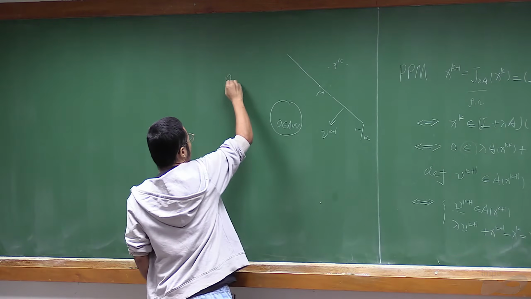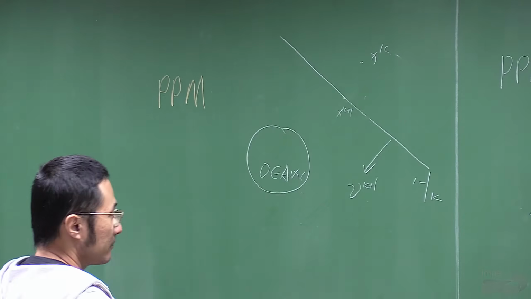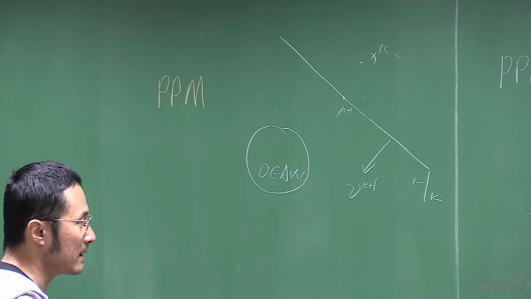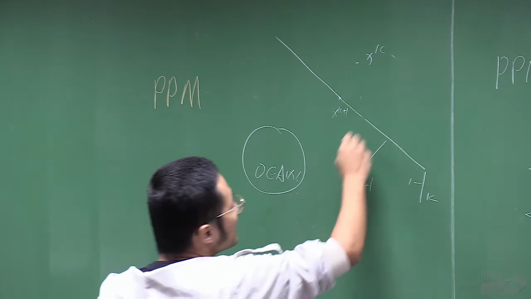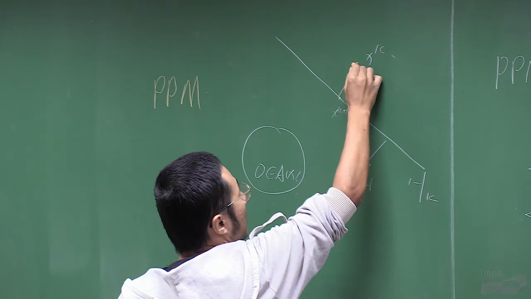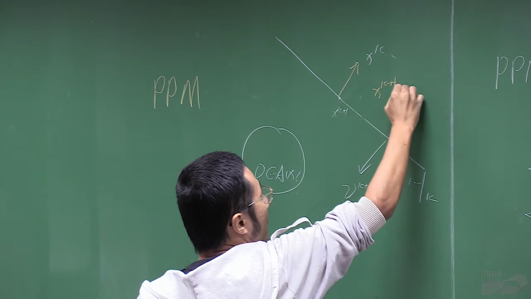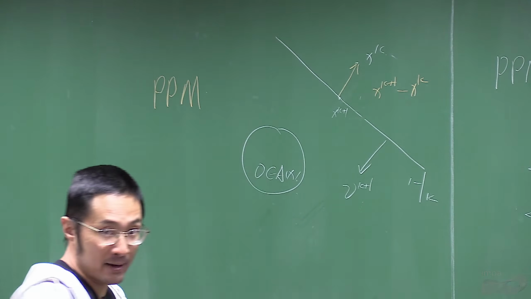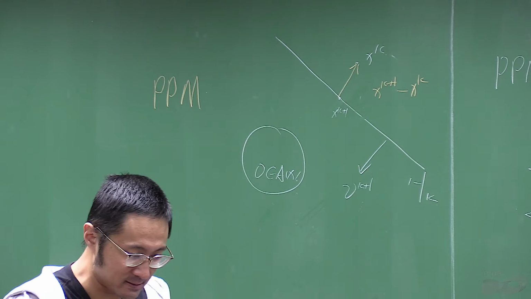Here is a geometric interpretation of PPM. PPM, as I said before, you can interpret as a projection method. In the exact PPM, these two vectors, xk plus 1 minus xk and vk plus 1, are parallel, but with inverse directions.